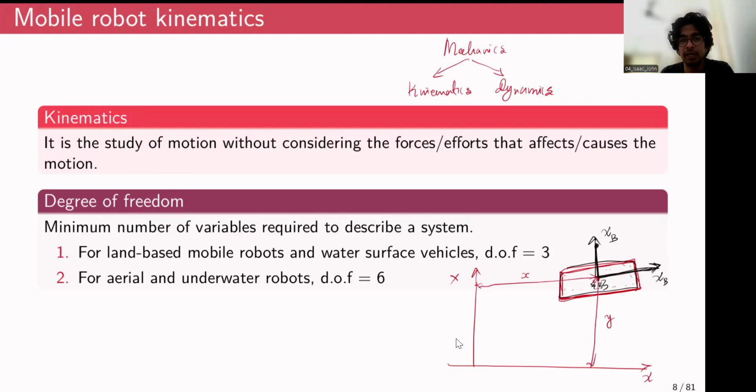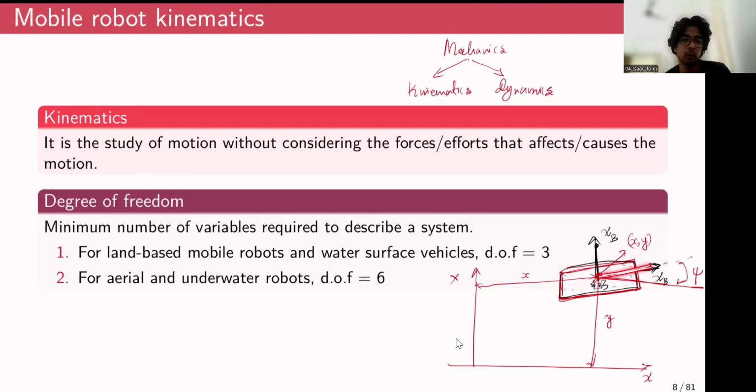And you need one angular parameter, which I label psi, to determine the orientation of this frame of reference with respect to the ground fixed frame of reference. So you require three coordinates, x, y, and psi, to fully describe the position and orientation of the body fixed frame of reference.